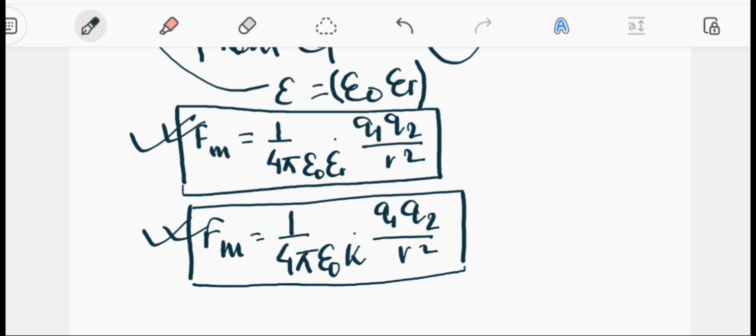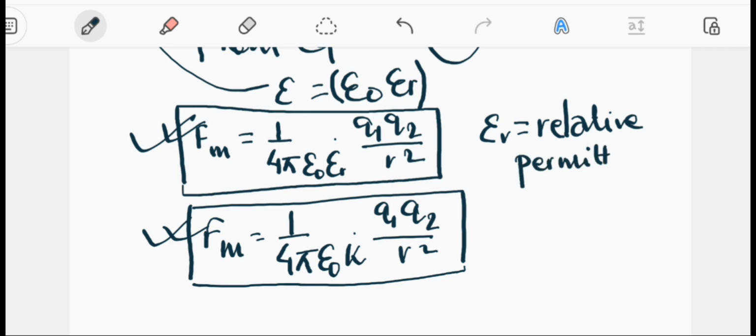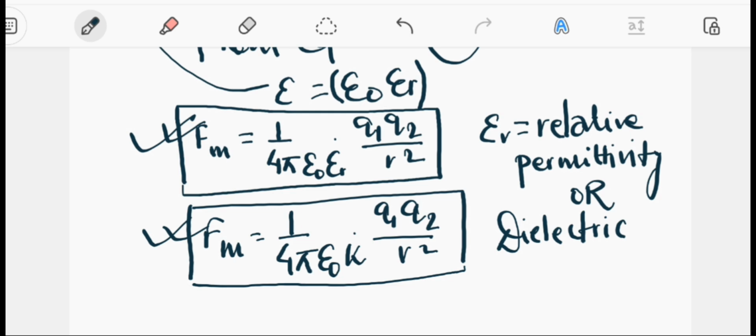Here epsilon r is nothing other than the relative permittivity, or simply we can say dielectric constant, which is also denoted as K.